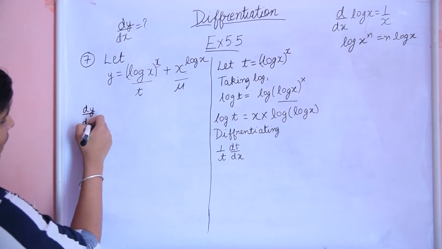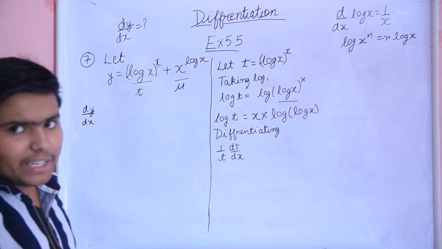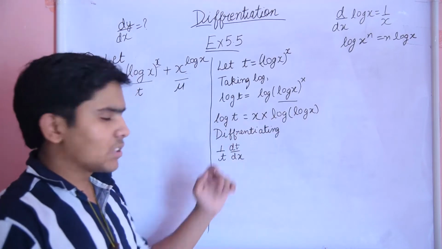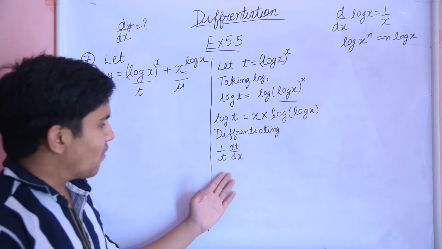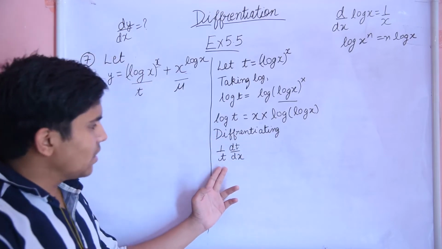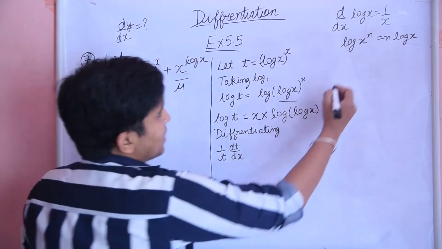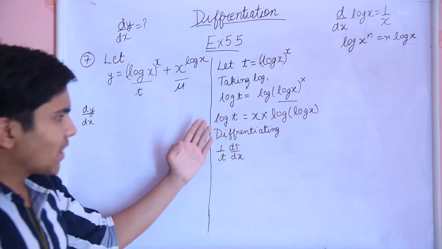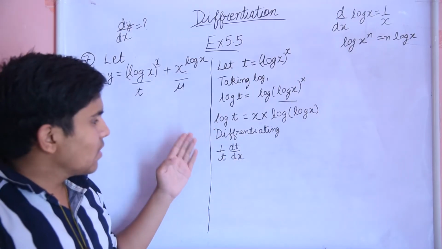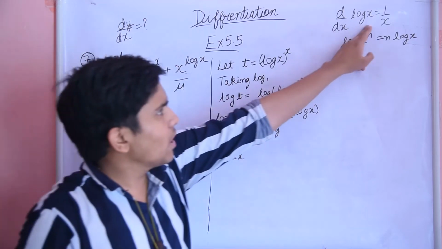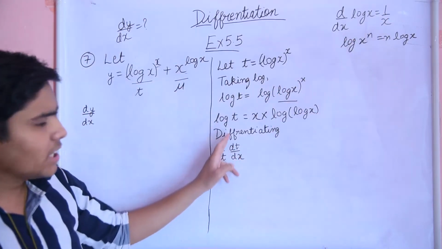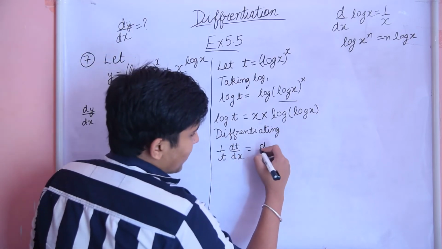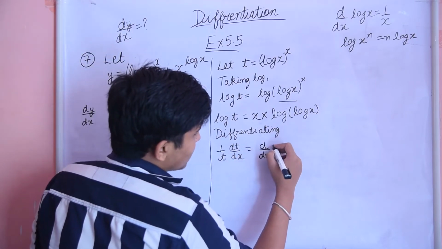As differentiation of log x is always 1 upon x, the differentiation of log t will be 1 upon t into dt by dx.